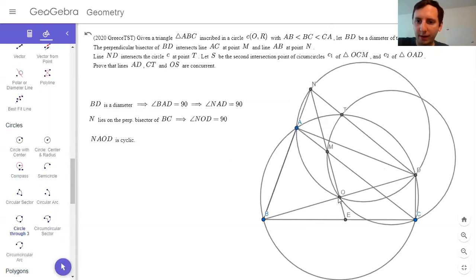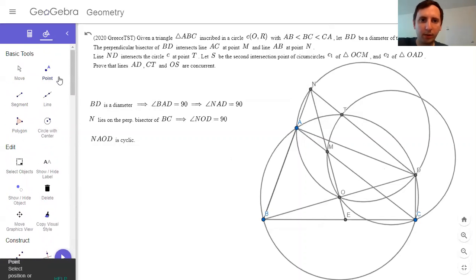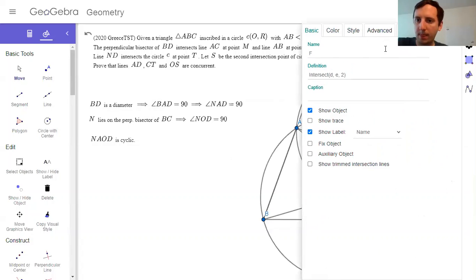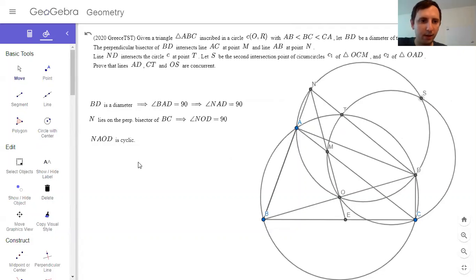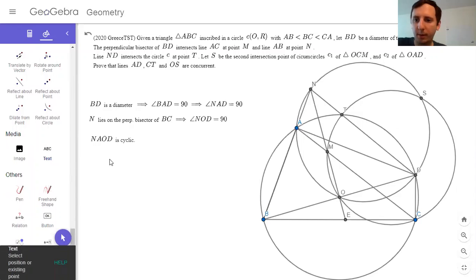And then, S is this intersection point right here. So by the radical axis theorem, OS, CT, and AD concur.